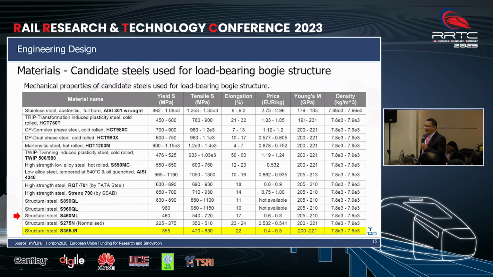Regarding the material, because we are talking about a load-bearing structure, we need to deal with structural steel. The question is, what kind of steel should appropriately be used for the bogie? Conventionally, we use S355JR structural steel.